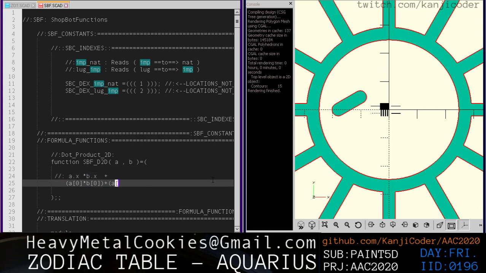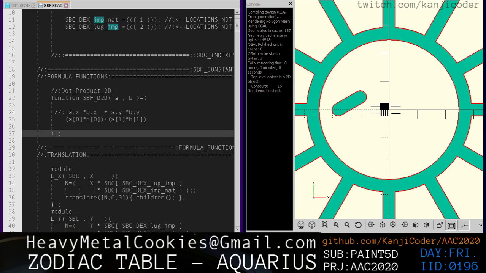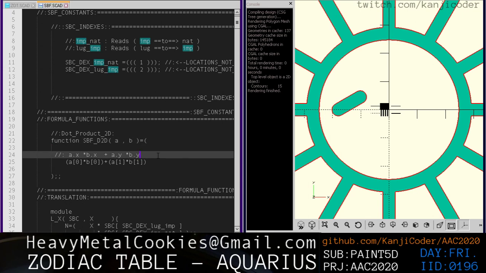So ay times by. So it's the ones, and then we add it together. So this is going to be a dot y times b dot y. So we're just putting that comment there so we know exactly what that is, right? So now let's go F4, make sure that the introduction of that formula didn't screw us over here. Okay, so with that, the next question is, how do we do the reflection stuff?